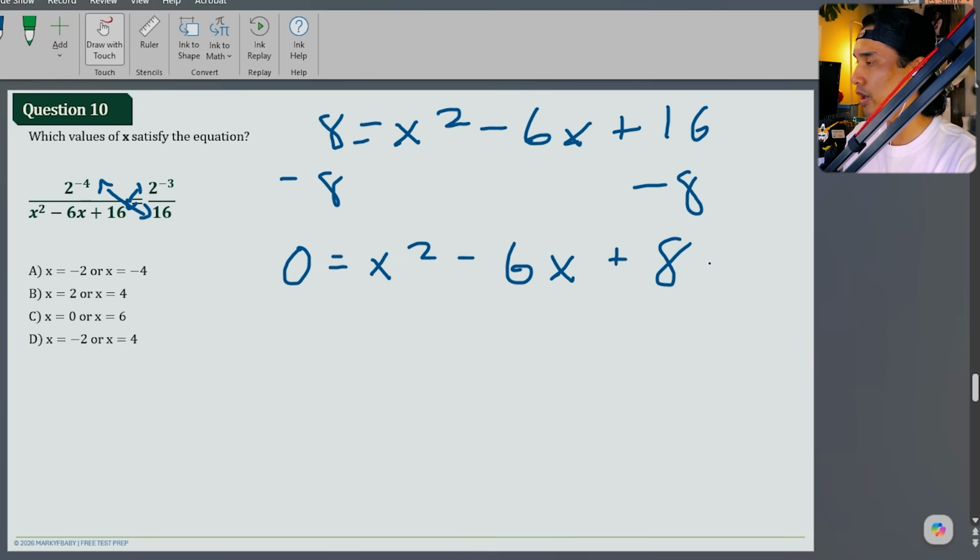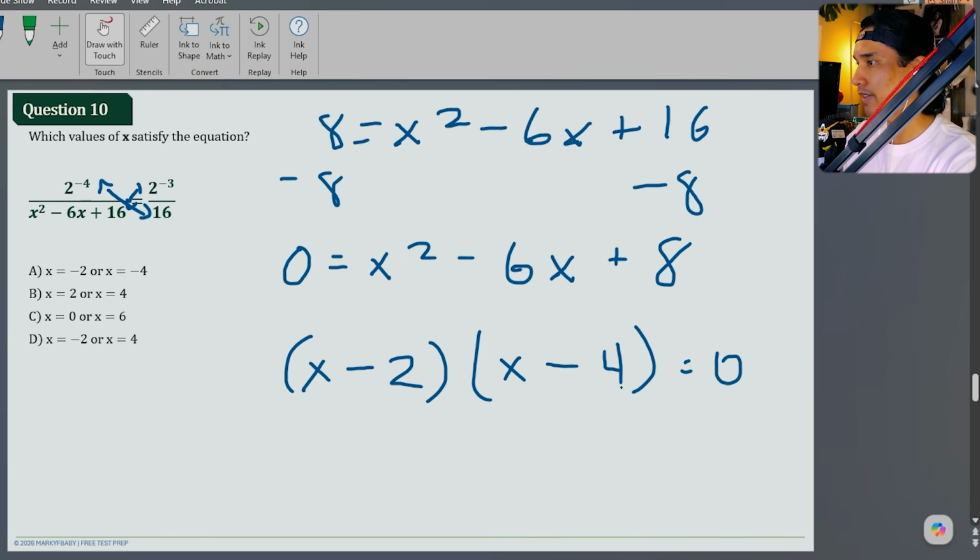So what two values multiplied together equal 8 and combine to equal negative 6? Well, that is going to be x minus 2 and x minus 4, equaling 0. And then you would use the zero product rule, which is you just get each binomial and set it to 0.